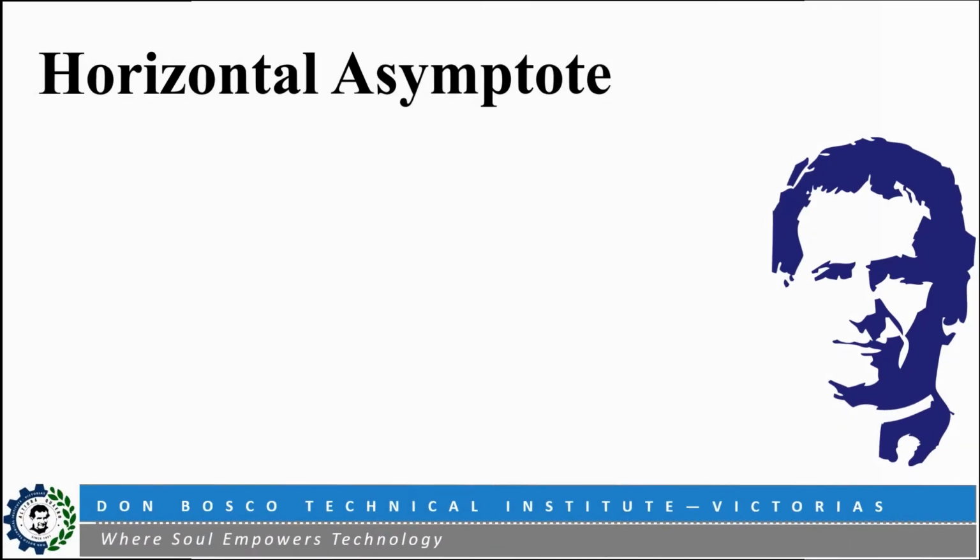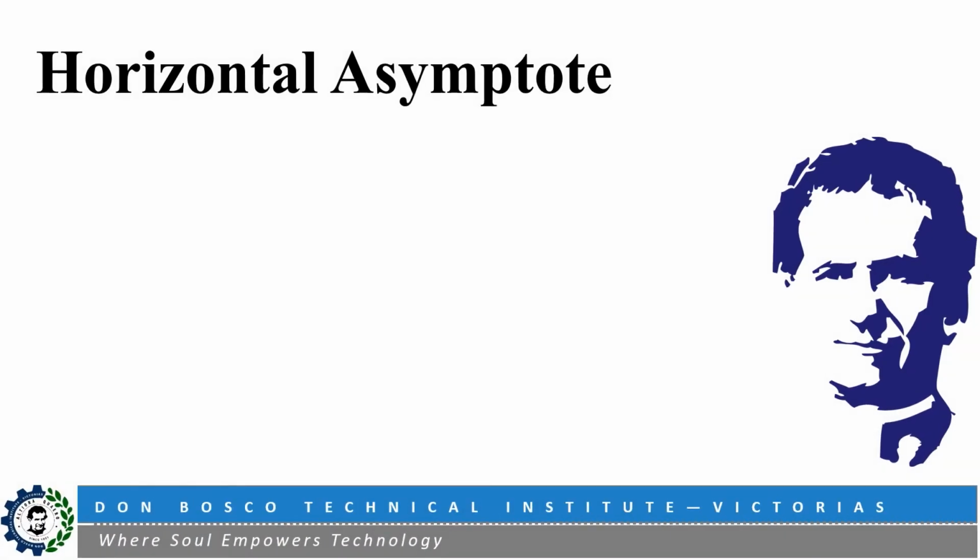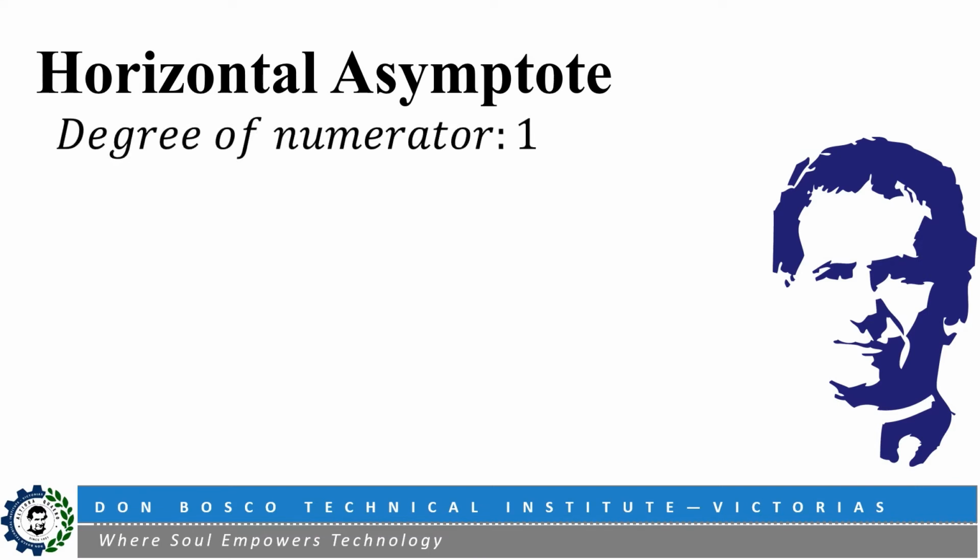Next, we proceed to determining the horizontal asymptote. For the horizontal asymptote, we just compare the degree of the numerator and the degree of the denominator. If you notice, both are in linear form, so both degrees are 1.